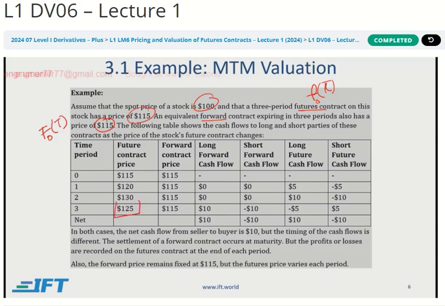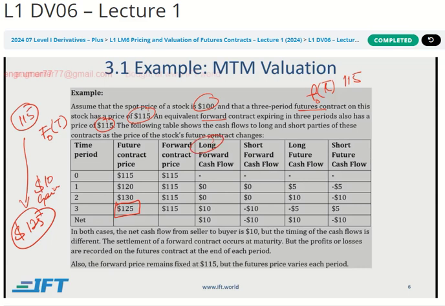Now at the end of the contract, the asset price is going to 125, right? Which means that you locked a price of 115 for the future, and you locked a price of 115 for the forward, and eventually if the closing price is 125, then there is going to be a $10 gain for the long party.